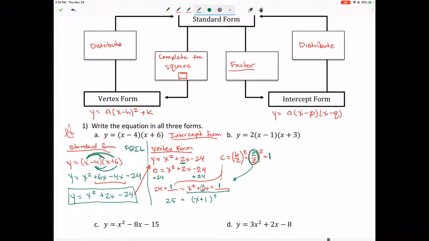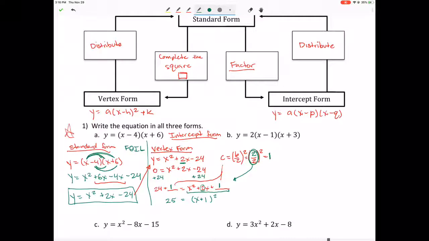Okay, and now this looks just like what we were doing by solving in our last unit, where we'd square both sides and subtract 1 to the other side so that x would be by itself. But we don't want to solve, we just want to have the equation in vertex form.